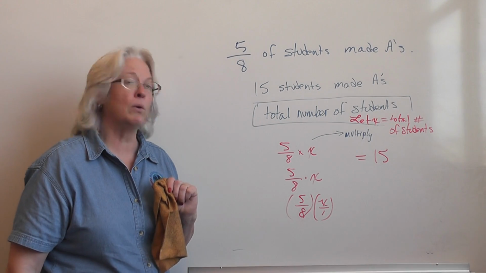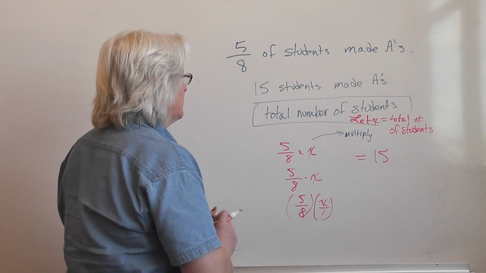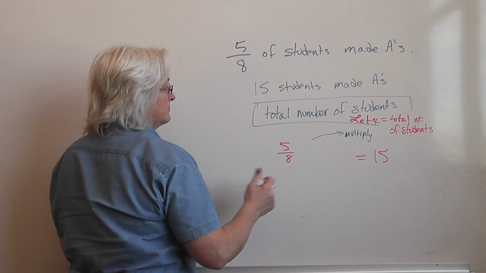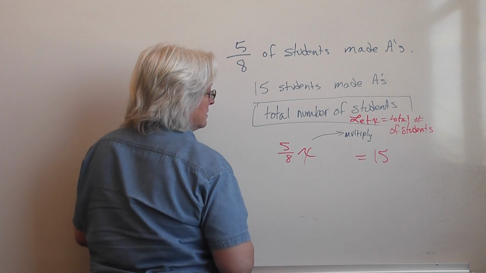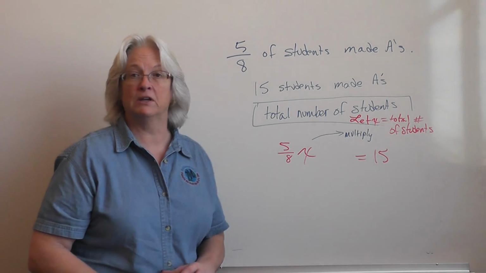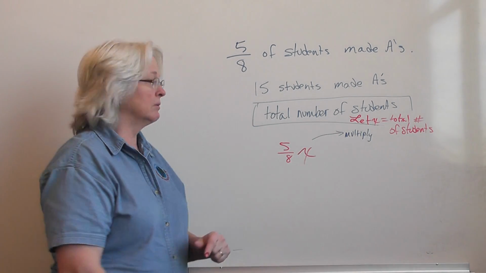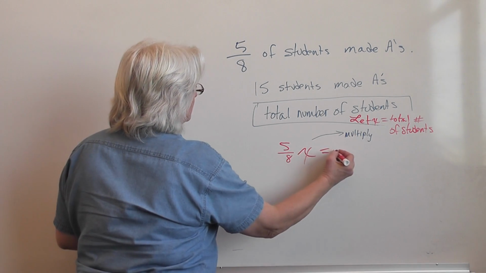Another way of saying it, or you just simply put your 5/8 as the coefficient of the variable. 5/8 x is equal to 15. And this is how you're going to set up your equation that you're solving.